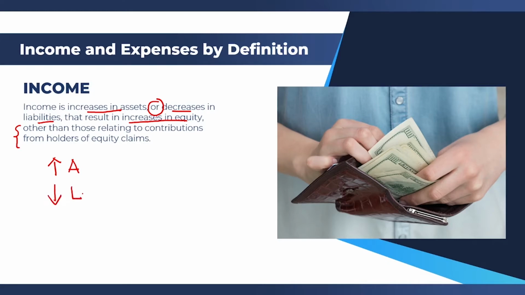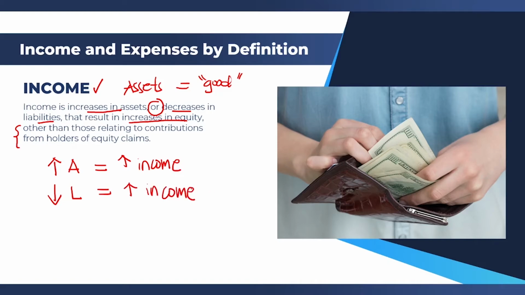To be honest, I like to think that both income and assets are sort of the good elements of financial statements because obviously, if you own a business, you will generally want to own more resources and you want to generate more income. So they move in the same way. An increase in asset is equal to an increase in income, and in the same way, a decrease in liability is equal to an increase in income.